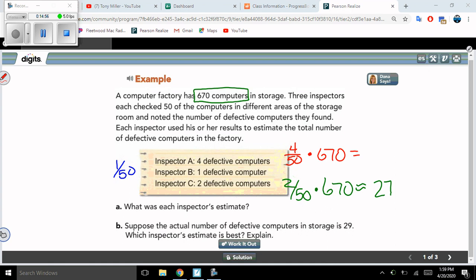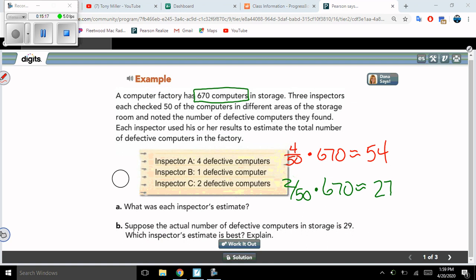And again, that should make sense that 4/50ths is twice as big as 2/50ths, so if you double 27, you should have been able to get that answer. And then 1/50th, technically, we should be able to about cut 27 and a half in half. And if I do so, I'm probably going to be hovering around 13 or 14.